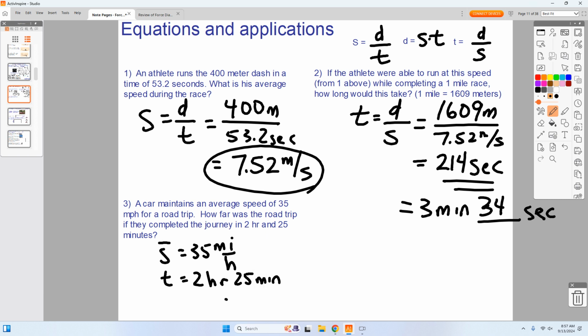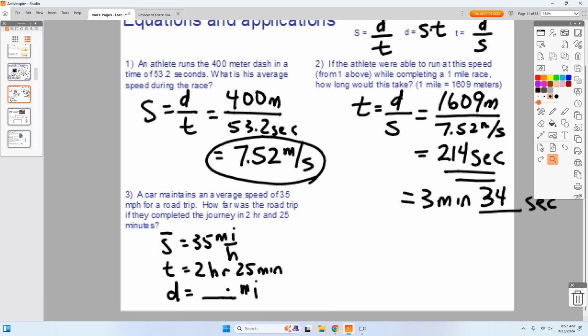And I would like to know how far that road trip is. And I would like that in miles. So when I go through to do this, I'm going to use the other version of that equation, the third version. Distance is just speed times time.